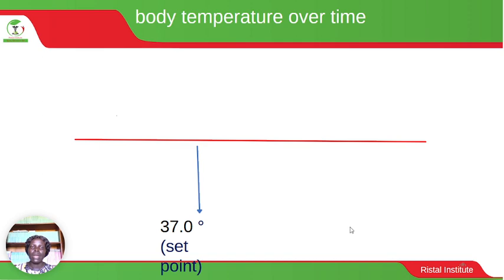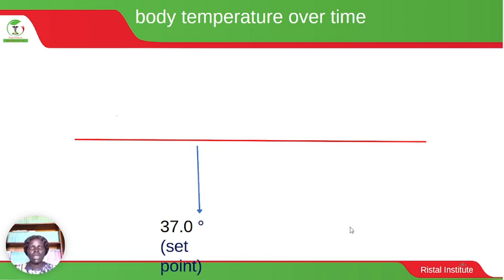So here we can see that our body is assumed to be at a temperature of 37 degrees Celsius, and this is the set point. If it is set to be 37 degrees Celsius, it can vary.